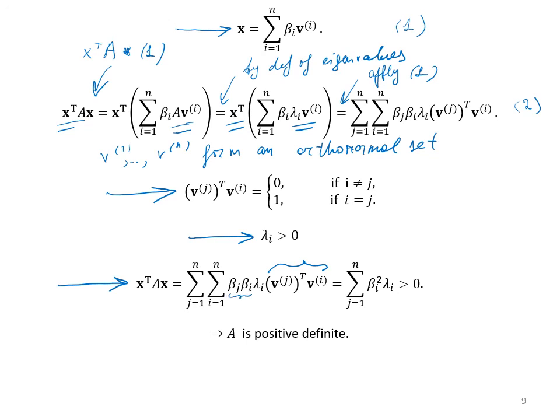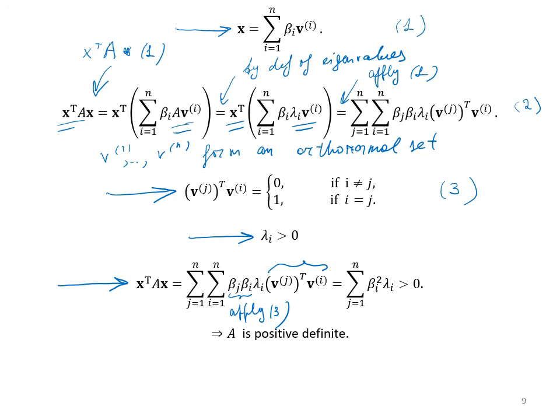This product, because of 3, when i doesn't equal j the product of vectors equals 0, so we do not have these terms in our sum.